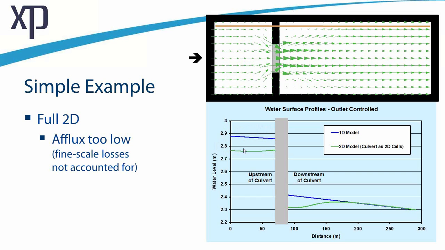So you may well need to calibrate or adjust these structures when they're being modeled in 2D by adding additional losses. And typically for this arrangement we find an adjustment of around 0.2 of an energy loss, which you can apply to your structure, is sufficient to give you the right sort of afflux.